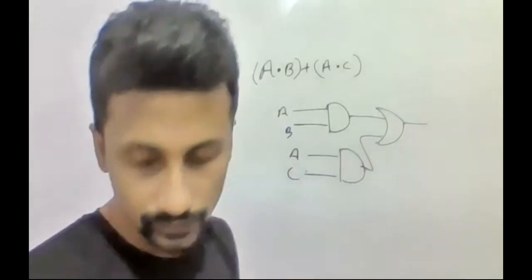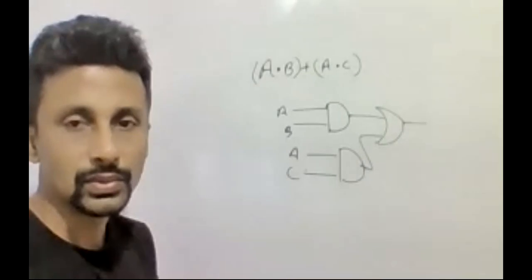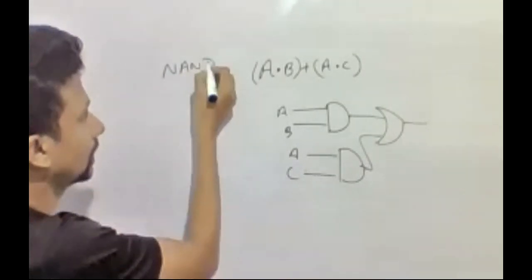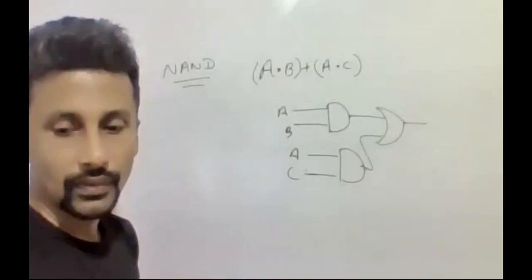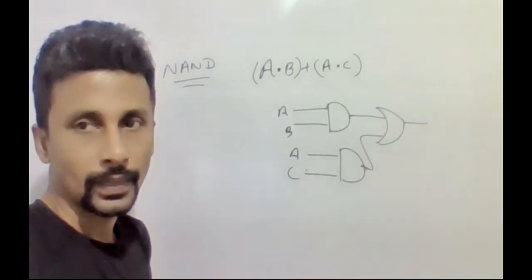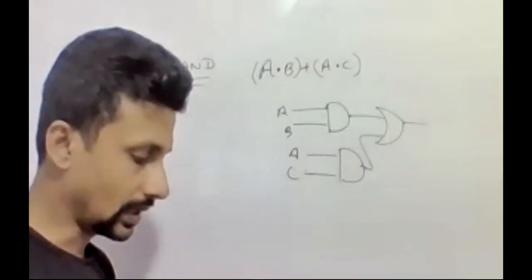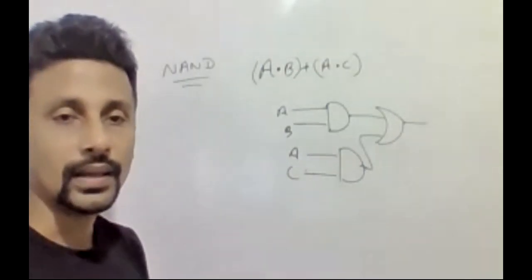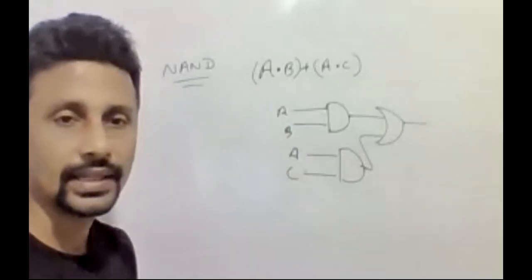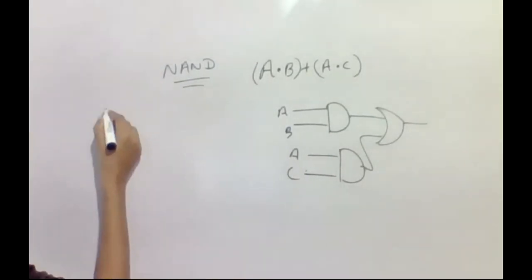In a normal way. But if I ask to draw this by using universal gates, we take the NAND gate. Using NAND gate, we'll see how to draw that. Okay, now here AND gate. Now if you go through the notes of what we discussed last week, an AND gate can be represented with two NAND gates if we are connecting like this.